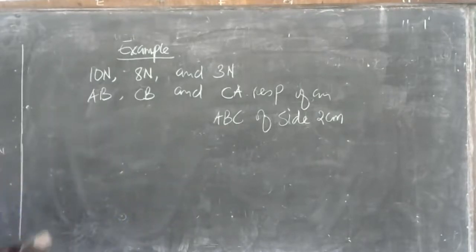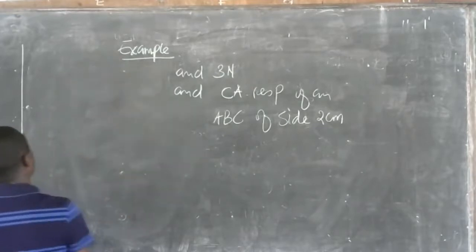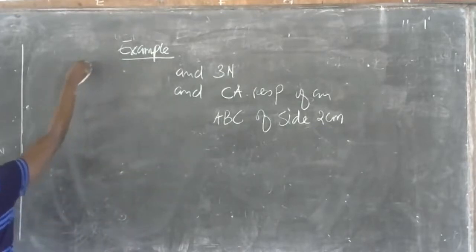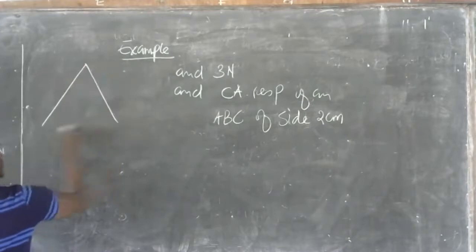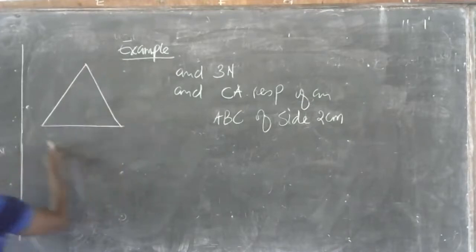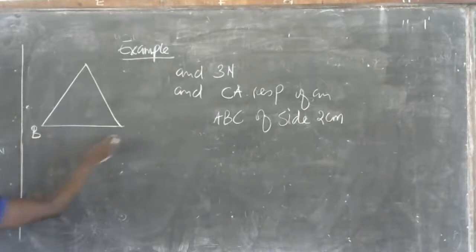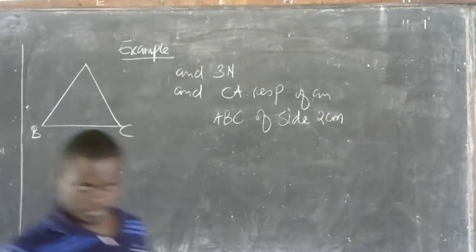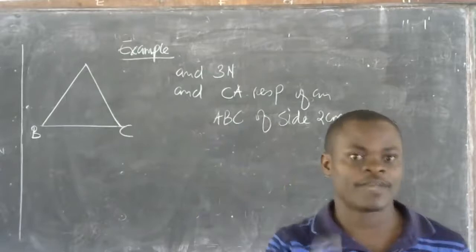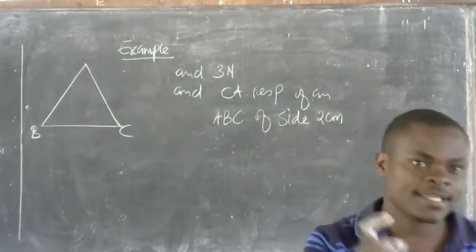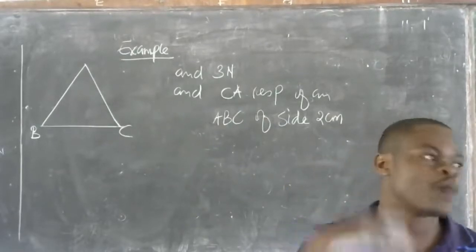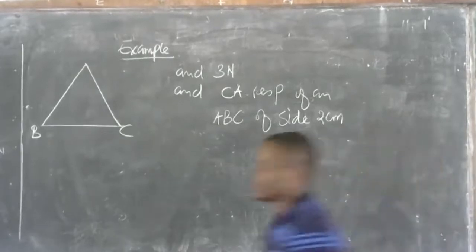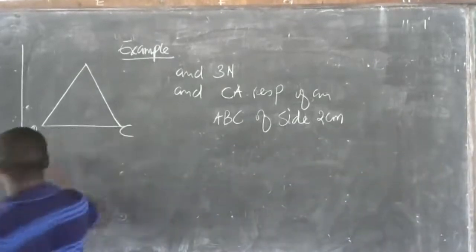So this is the triangle, and don't draw it freehand. We make BC horizontal so that we can say the line cuts the side BC when y is 0.